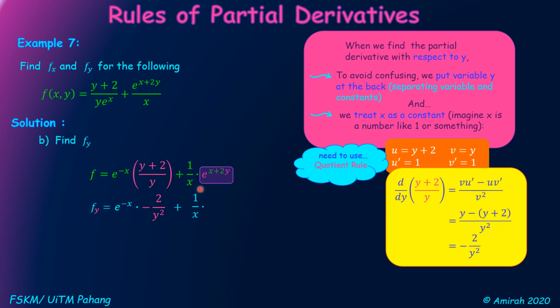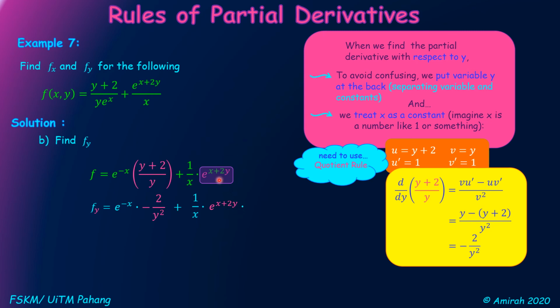And after that, we want to differentiate e to the power of x plus 2y. We have variable y here to differentiate. So when we differentiate e to the power of x plus 2y, we can refer to the basic derivative formula, e to the power of x over dx. We will get back e to the power of x. So when we differentiate e to the power of x plus 2y, we will get back e to the power of x plus 2y.